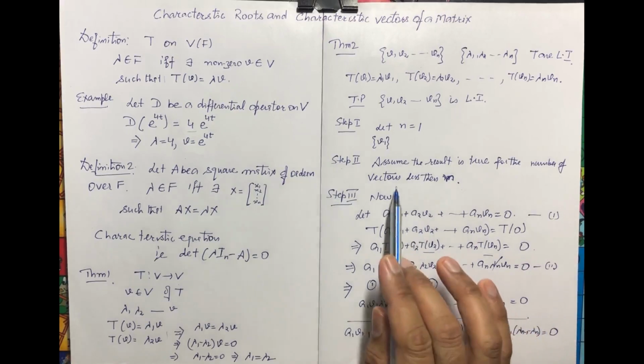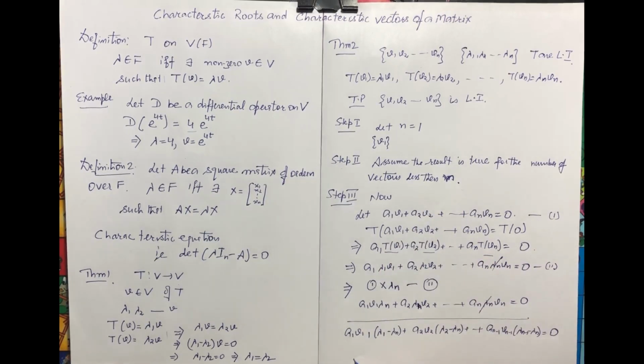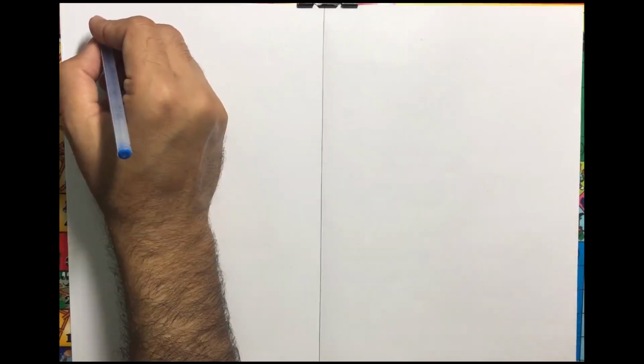By step 2, the result is true for less than n vectors. So all the scalars, that is a1 (lambda 1 minus lambda n) = 0, as well as a2 (lambda 2 minus lambda n) = 0, and a(n-1) (lambda n-1 minus lambda n) = 0.